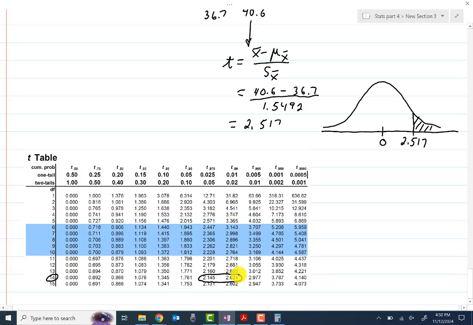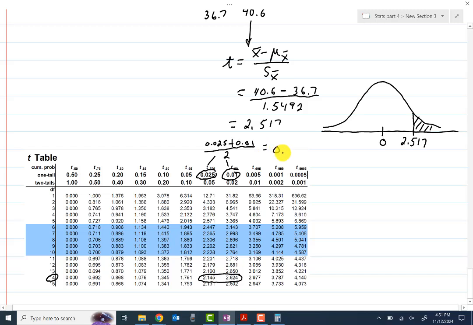There's our possibility. Since this is one-tailed, we're looking at these two numbers right here. So I'm going to take the average of those two, 0.025 plus 0.01 divided by 2.